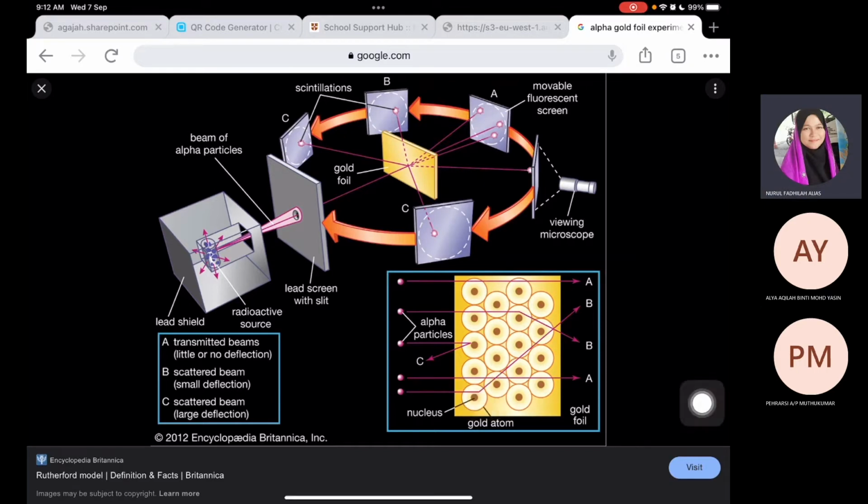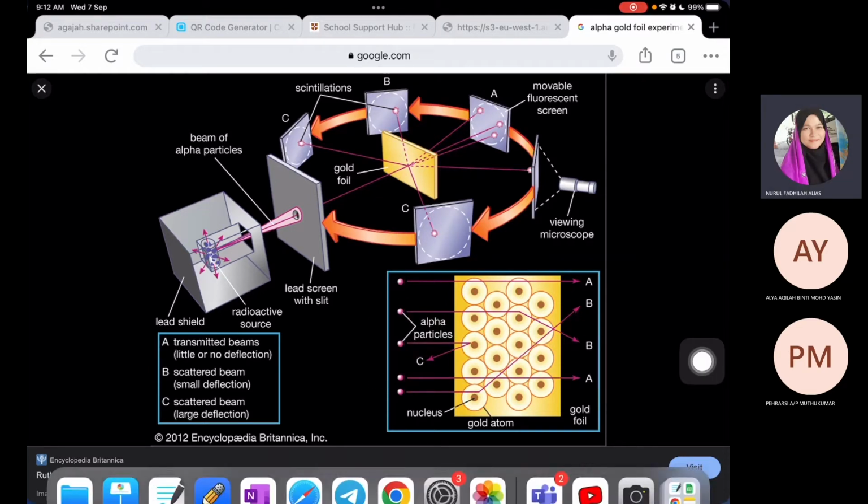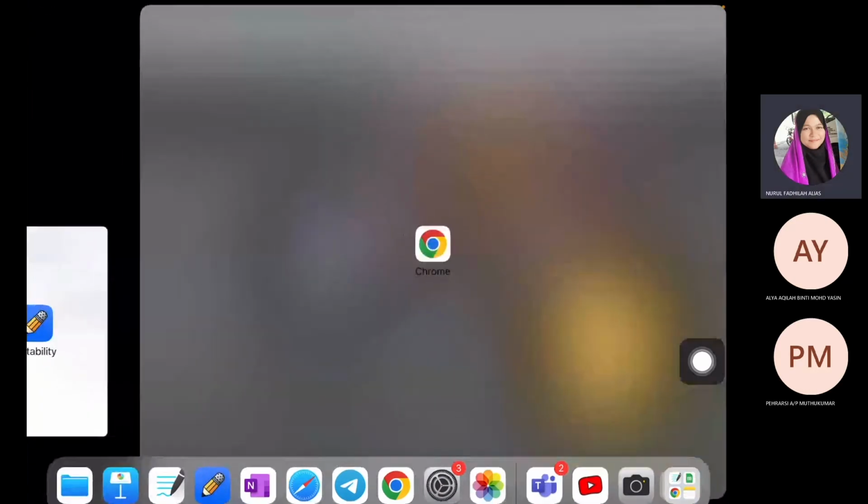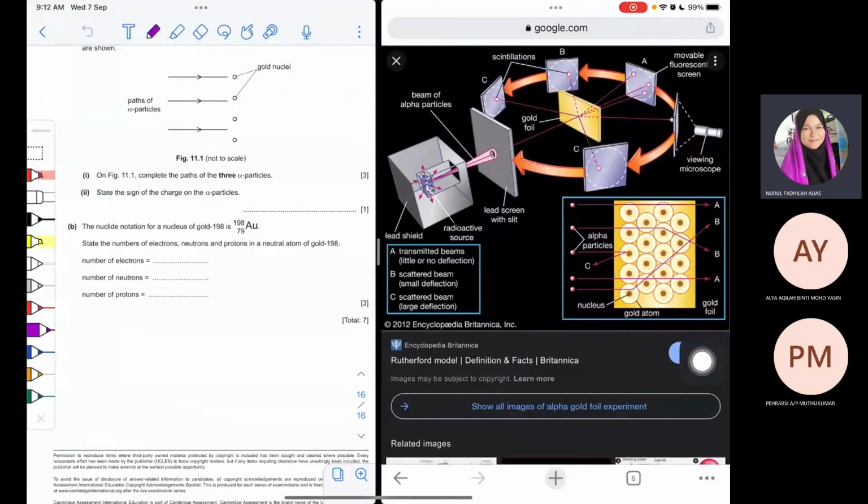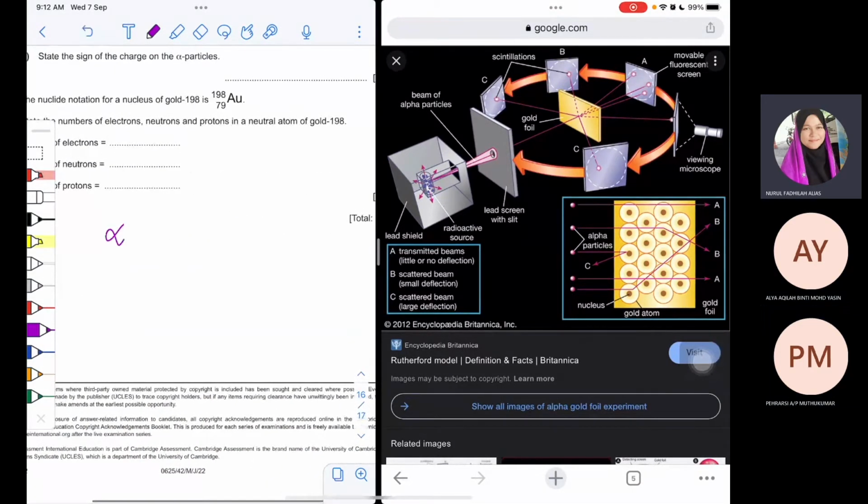Okay. Now what happen kalau alpha particles mendekati the thin gold foil? So what do you know about alpha particle? Alpha particle adalah what charge? Kita tahulah it is positively charged and then it is heavy, the heaviest antara electron.